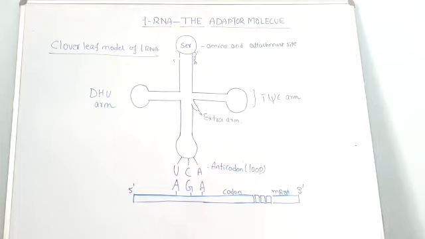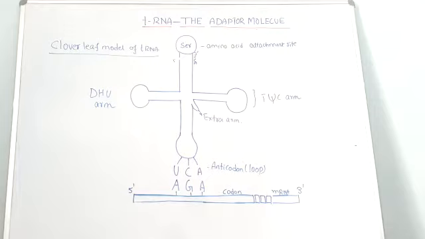Now we will learn the structure of the tRNA in detail. This structure is also called the cloverleaf model of tRNA. Why is it called cloverleaf? With reference to history, the cloverleaf model was first proposed by a scientist. It is not written on the board, but it is there in the reader.